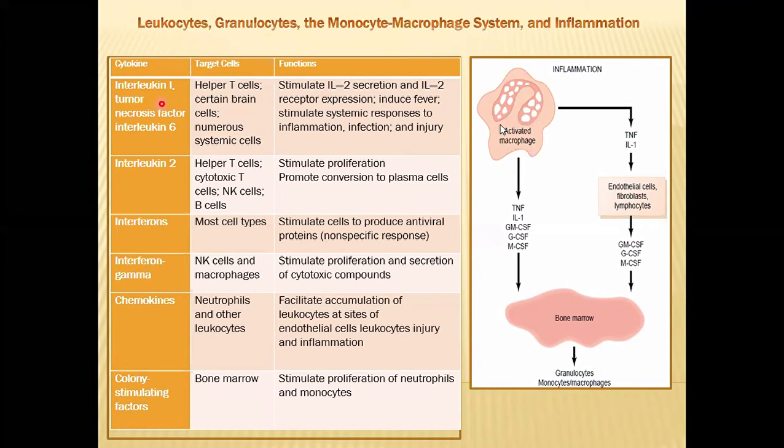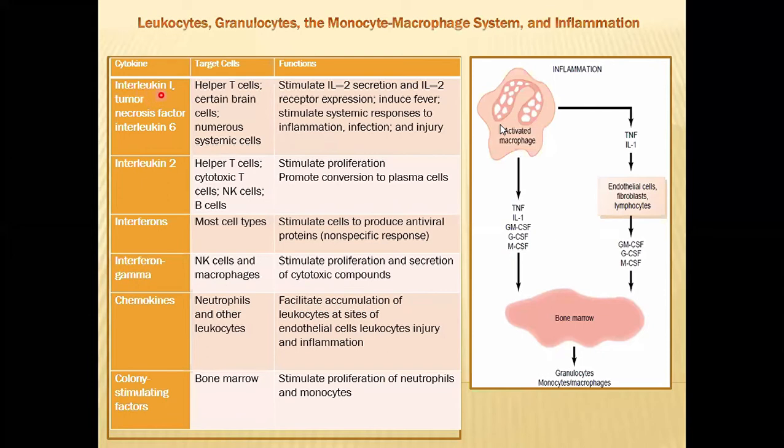There are a lot of them, but we only listed a few. I remember when I went for postgrad there were so many names, so many ILs. But we just listed some of the important cytokines we need to know.